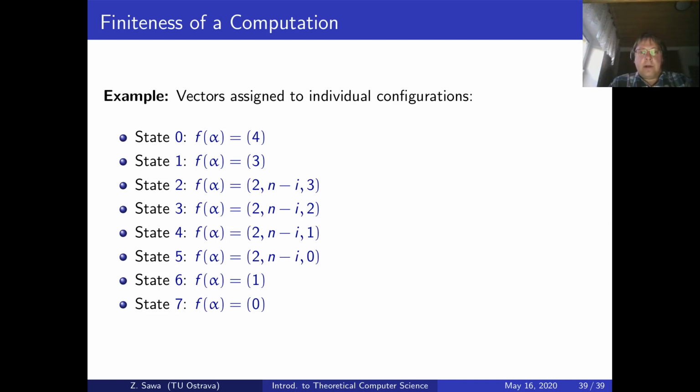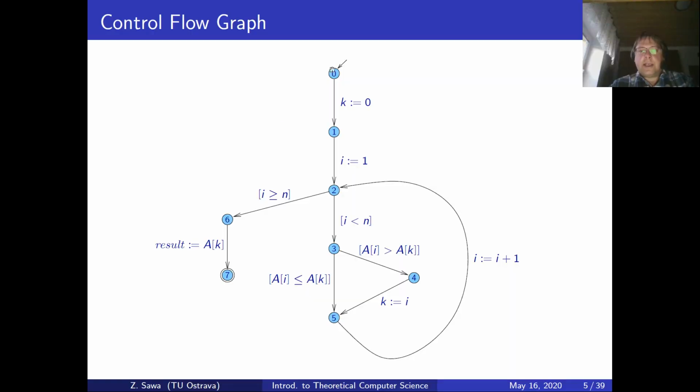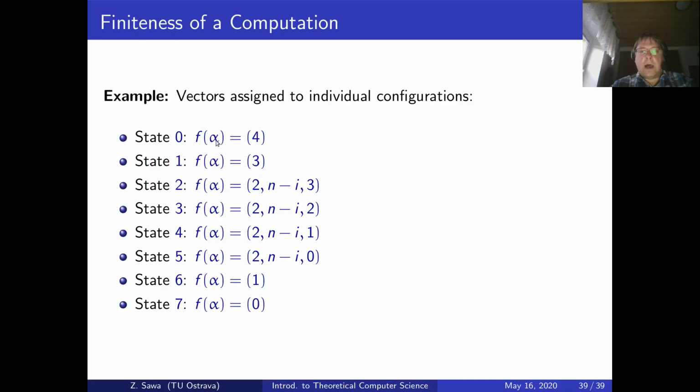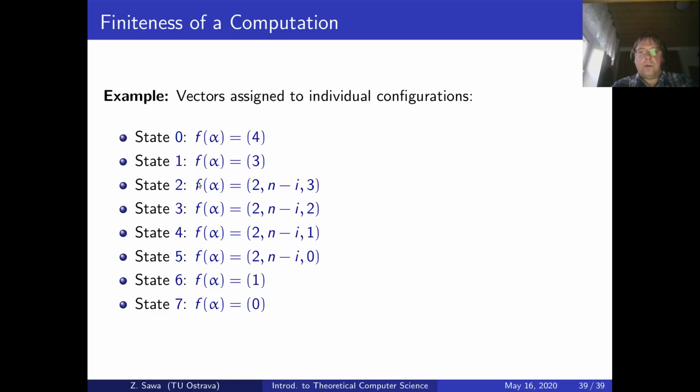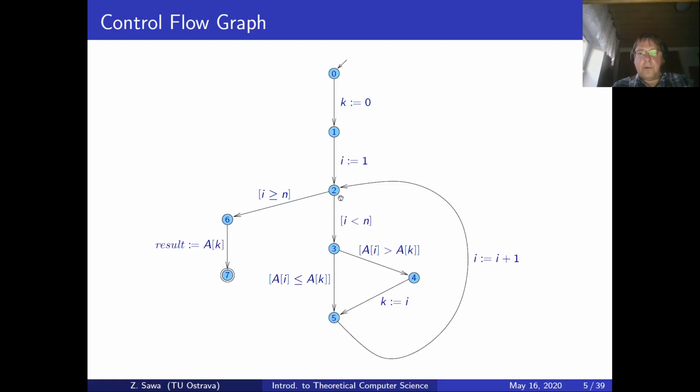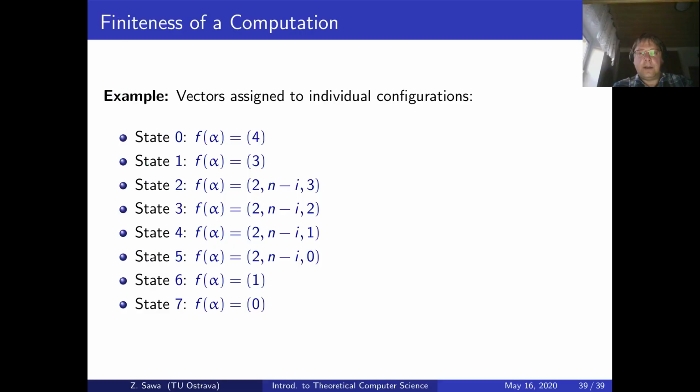If we now check the transitions, from 0 to 1, 4 is decreased to 3, from 1 to 2, 3 is decreased to 2, so these values are not important for this. For the transition from 2 to 3, the first two values remain the same because no value is modified, and 3 is decreased to 2, so it's okay.